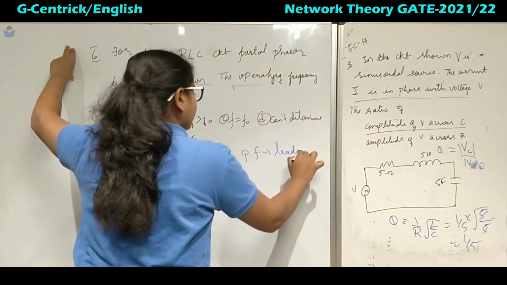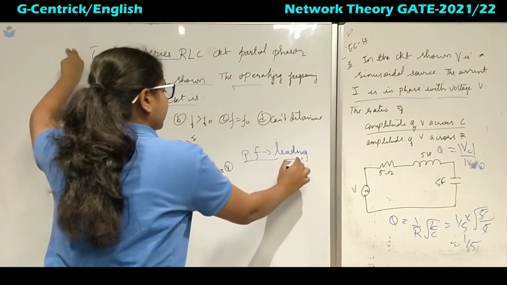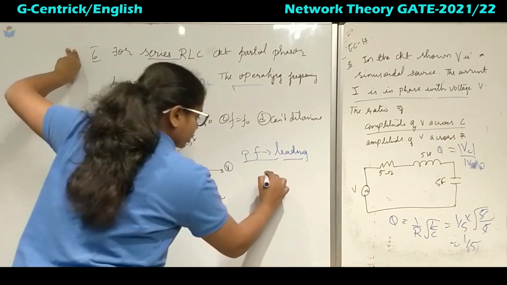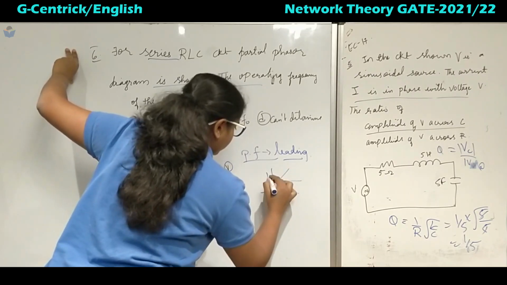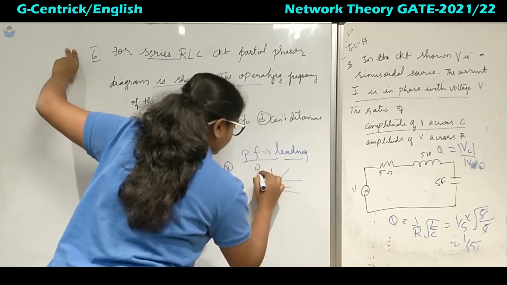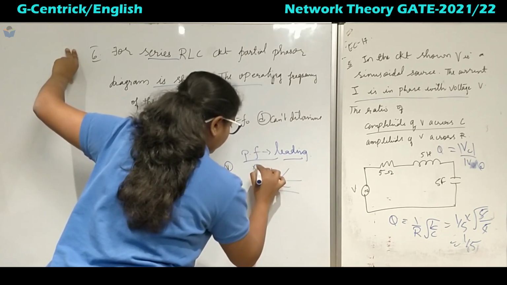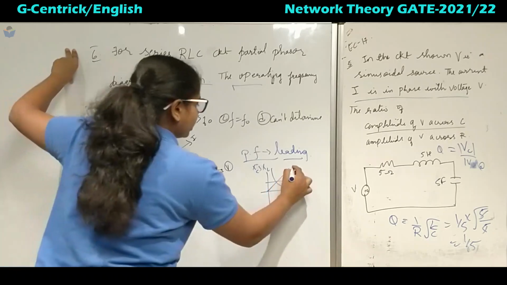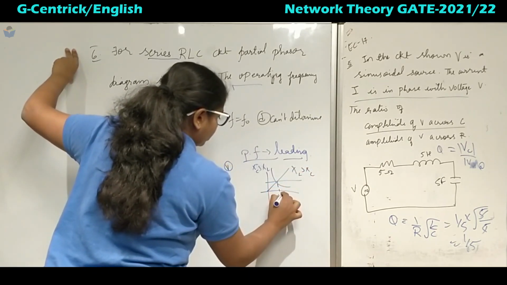In the RLC series resonance circuit, when will the power factor be leading? If you see the graph, it was something like this. Here XC is greater than XL, and here XL is greater than XC. This is omega naught.